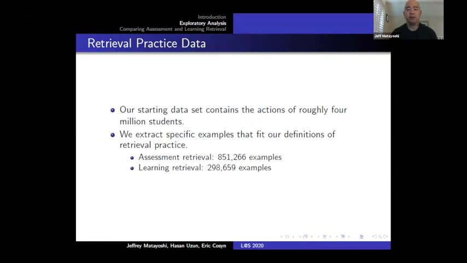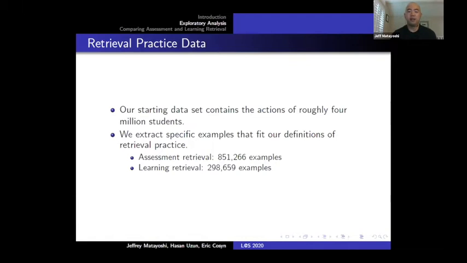We're really going to leverage the at-scale component of the ITS, because there are very specific criteria that we're looking at for these retrieval examples, so it's not going to happen that often. By using all these students, we can extract the specific examples that fit our definitions and control for some of these things. We're going to end up with about 850,000 examples of assessment retrieval and about 300,000 of learning retrieval.